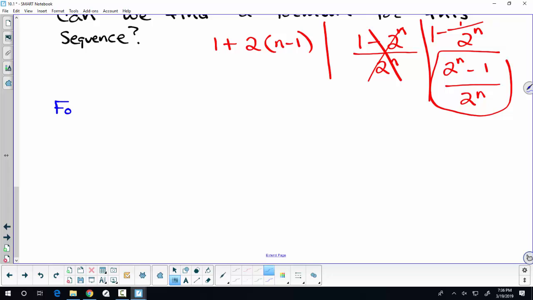So here's our formula for the nth partial sum.